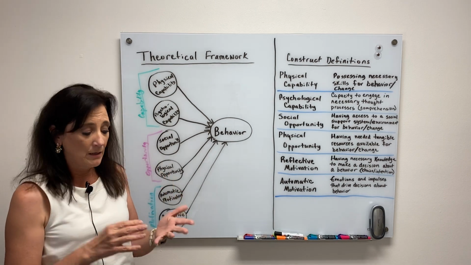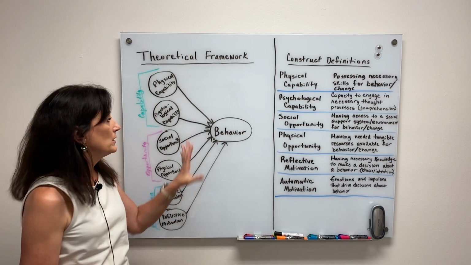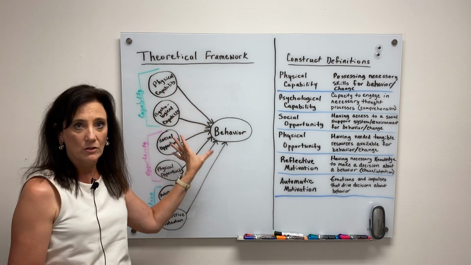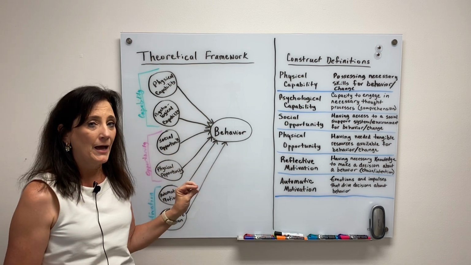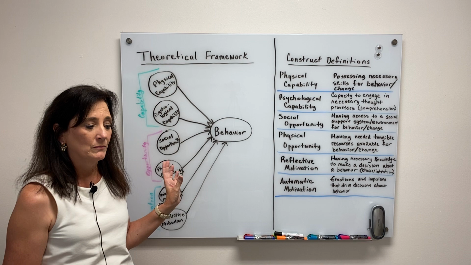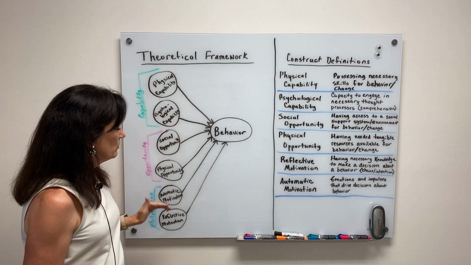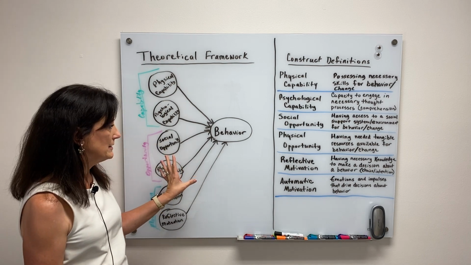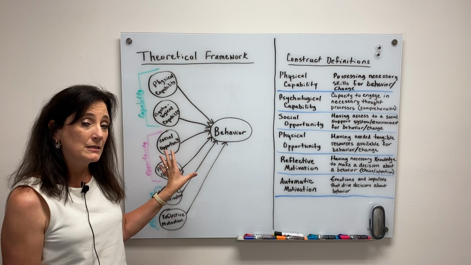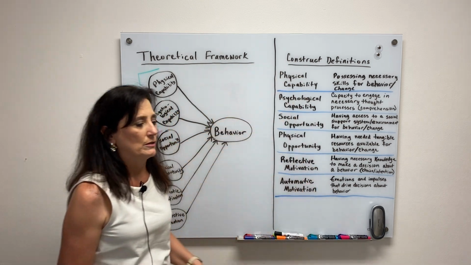Get either a book or a research article that really describes each of these variables for you, because trust me, if you have the information that really spells out what all of this is about, it's going to help make your job a whole lot easier. Because then the next thing you have to do is start talking about construct definitions.